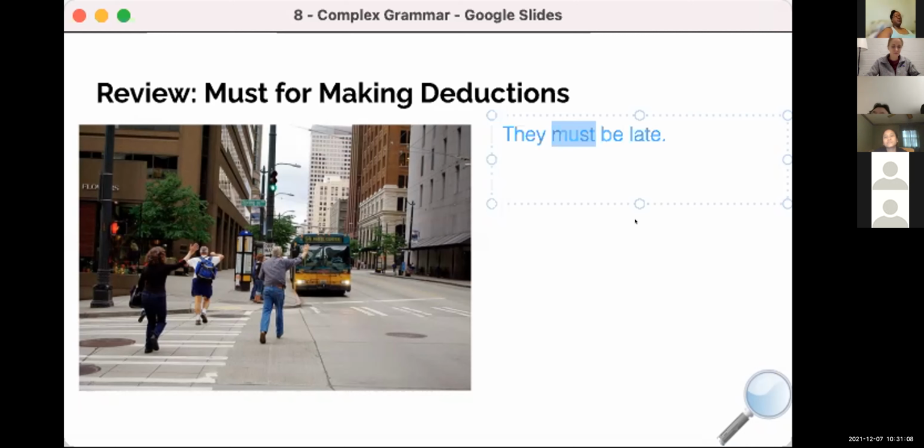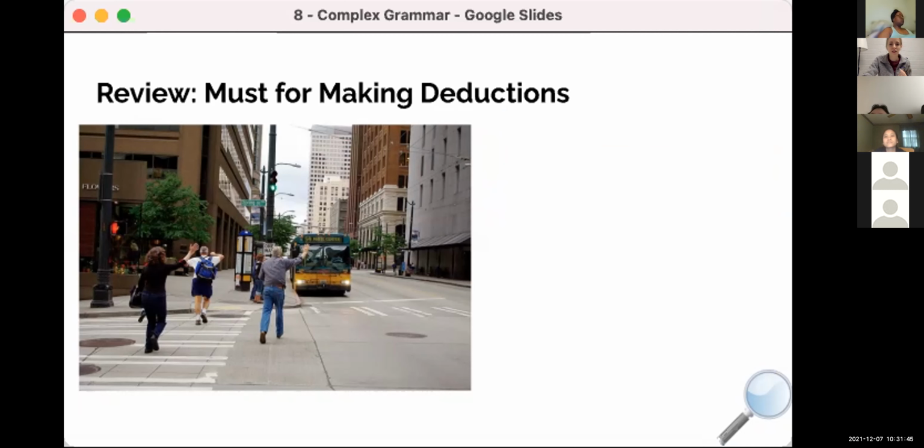Sometimes we have to use a little imagination, and we pull from past experience. This person looks like she has business clothes on. This man has jeans and a shirt, and this looks like a student with a backpack on. So maybe we're using our imagination to tell the story a little bit about why they are late or how they got to this situation in the first place.